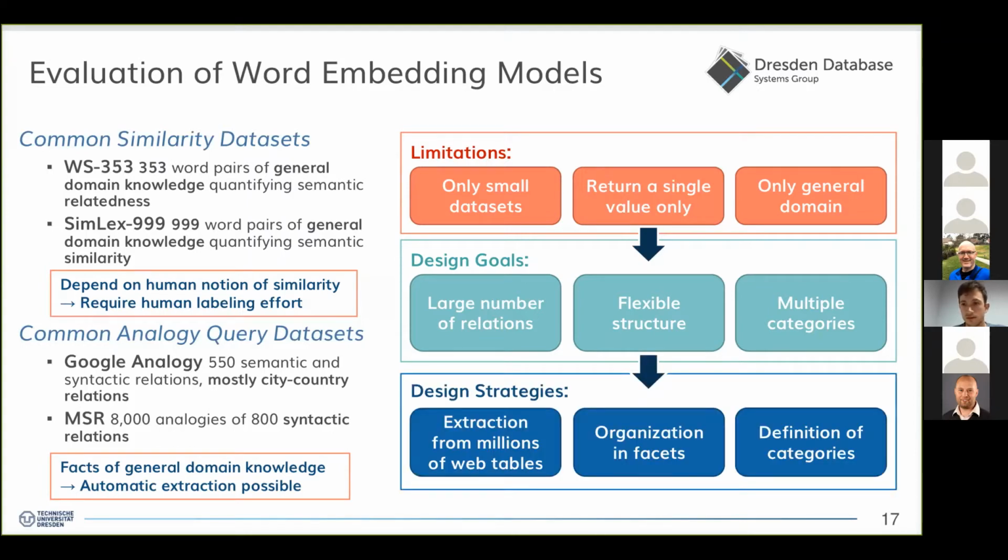And we achieved it by using millions of web tables from which we want to extract relations, organize them in a facet classification system, which gives the desired flexibility, and we also defined categories for the domains.